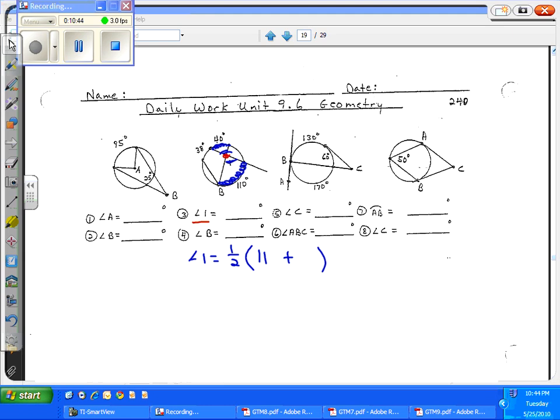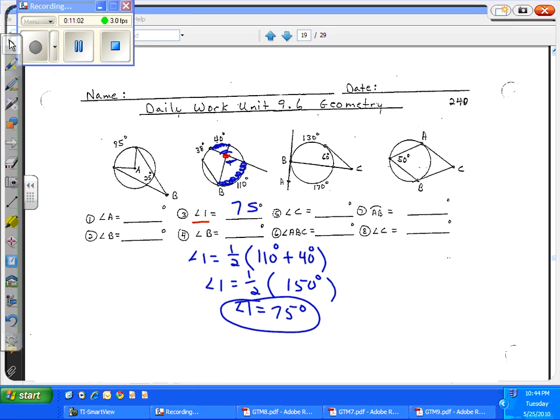The sum of what? Its arc and its vertical angle's arc. And so angle 1 is 1/2 the sum of those, which is 150, half of which is 75 degrees. So angle 1 is 75 degrees. The vertex was on the inside, but not the center, so it's 1/2 the sum of the intercepted arcs. Okay?